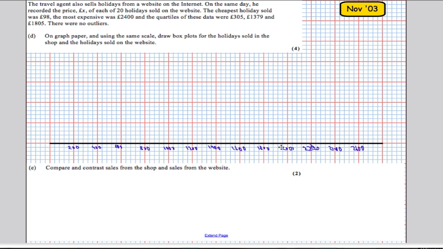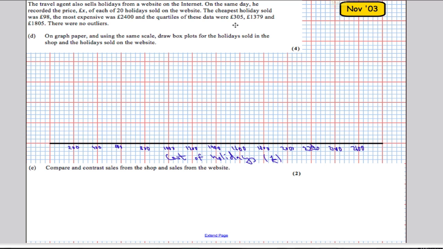Okay, so that's our scale done, and this is the cost of holidays, and it's in pounds. Okay, so let's start with this travel agent from the website. Let's do the website first.